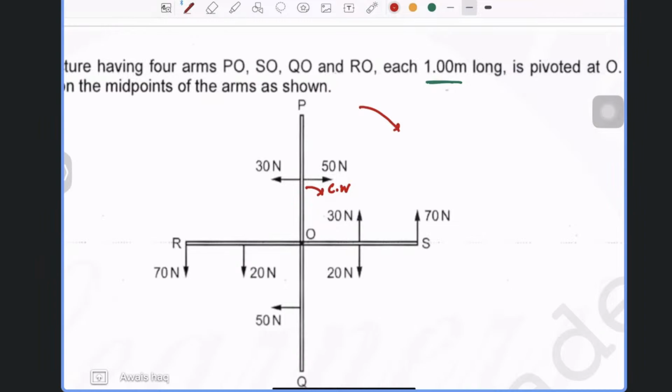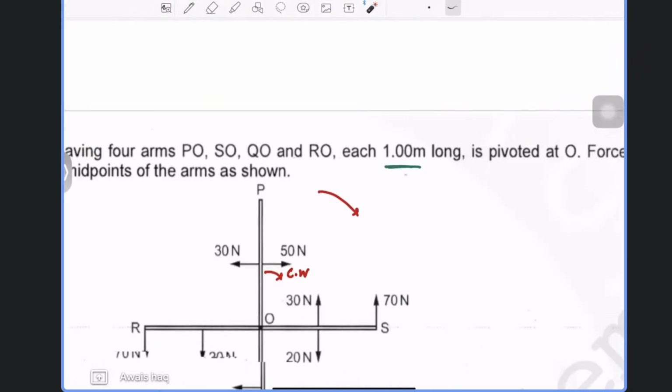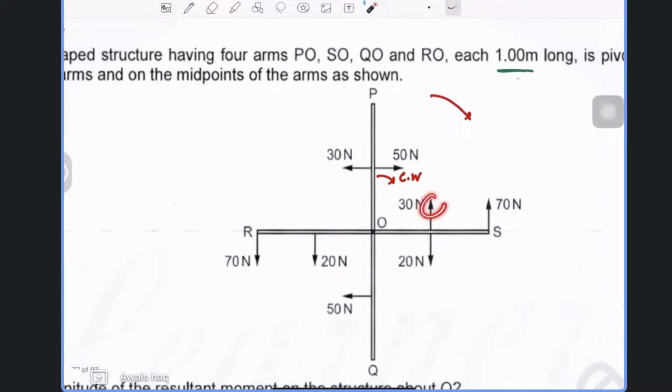So then this force is trying to move the whole system this way, which means that this is causing it to go this way, which is anti-clockwise. So I'm gonna put anti-clockwise like this, and this way this is also anti-clockwise, and this one is trying to put it like this, so this is clockwise. So I'm putting all the directions.